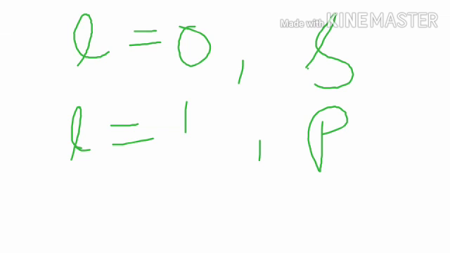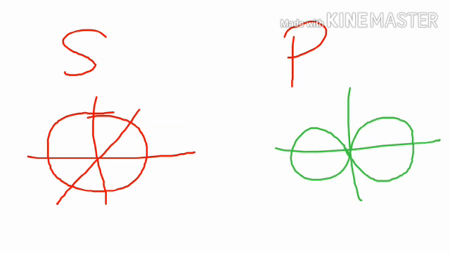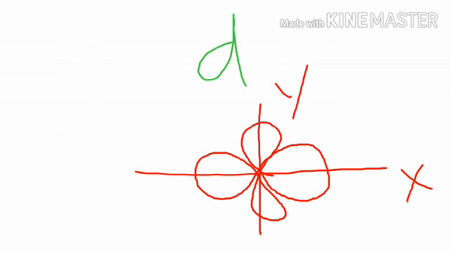For example, l equals 0 is called s subshell. l equals 1, p subshell. l equals 2, d subshell. l equals 3, f subshell. And also you learned s subshell has spherical shape, p subshell has dumbbell shape, d subshell has double dumbbell shape, f subshell has complex shape.